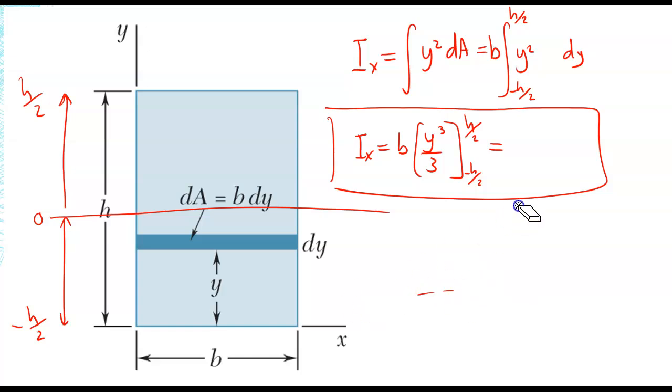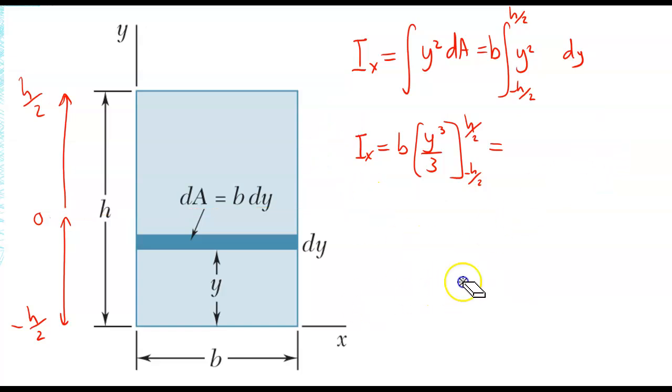So now if we plug all this business in, if we plug in for our limits, let's see what we have. So we've got b, I'm going to write 1/3 here, and then I'll write h cubed over 2 cubed, which is going to be 8, right? That seem reasonable?